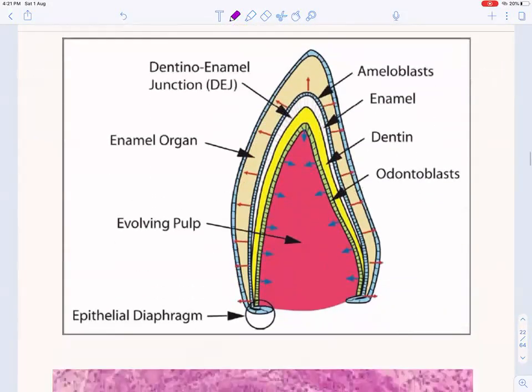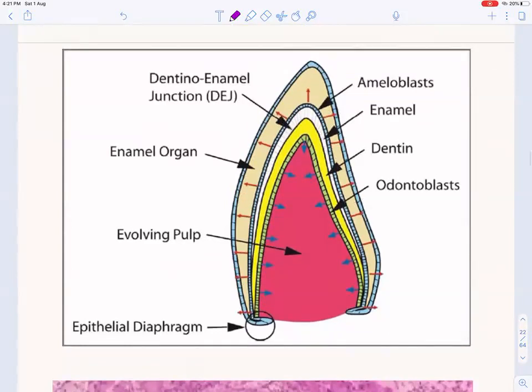Now I just wanted to show you in this diagram what odontoblasts and ameloblasts do. See, this is the dentine, with odontoblasts giving rise to dentine, and you can see this green colored thing, the ameloblasts, giving rise to this enamel.